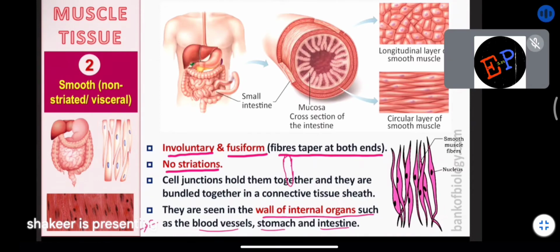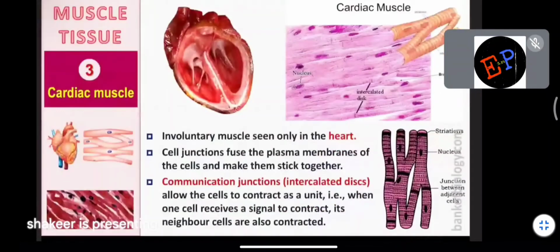The inner layers of veins and arteries are made up of epithelial cells, but the walls of these tubes are made up of these muscle tissues, smooth and non-striated muscles. The stomach is also made up of visceral muscles. Intestines also are made up of non-striated muscles. Clear?